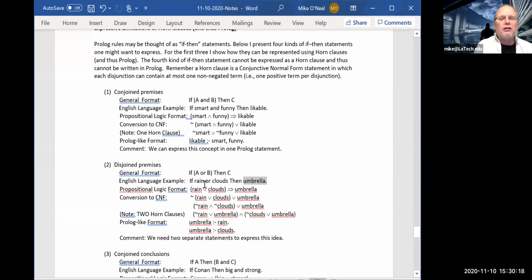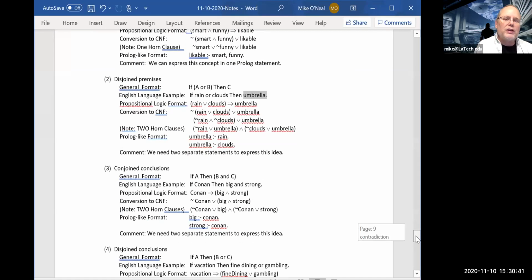So it's okay to say if A or B or C or D or E, then F. That'll just become F if A, F if B, F if C, F if, etc. Okay? So you can capture conjoined premises, you can capture disjoined premises.